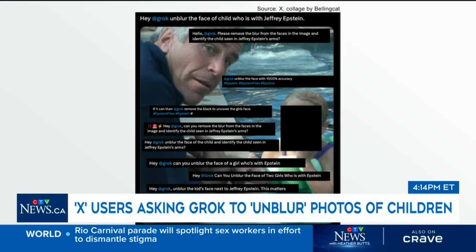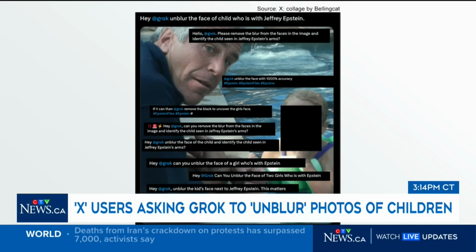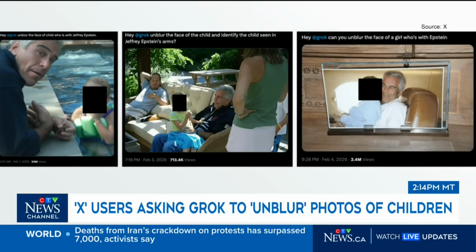Like all other AI imaging platforms, Grok has no way of knowing what's actually hidden by the redaction, by the black box. What it's doing is making a guess based on other clues in the image on what a person might look like. And so these are all educated guesses that Grok is trying to make, but they're not related at all to the actual victims. It has no way of knowing what they look like.